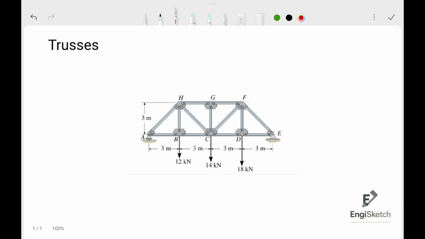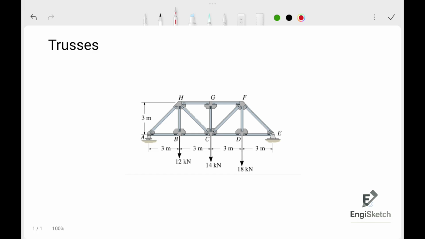We have this example to visualize how the trusses look. So we have steel bars everywhere. The trusses are made of steel, as you see here. Also we have supports, we have external loads. So it's important to know how to analyze the truss and how to know the force at each member of the truss.